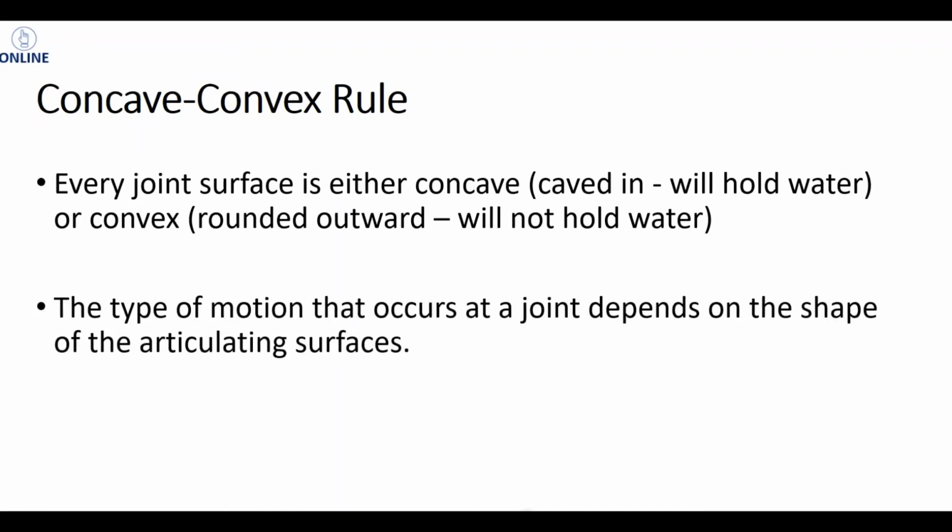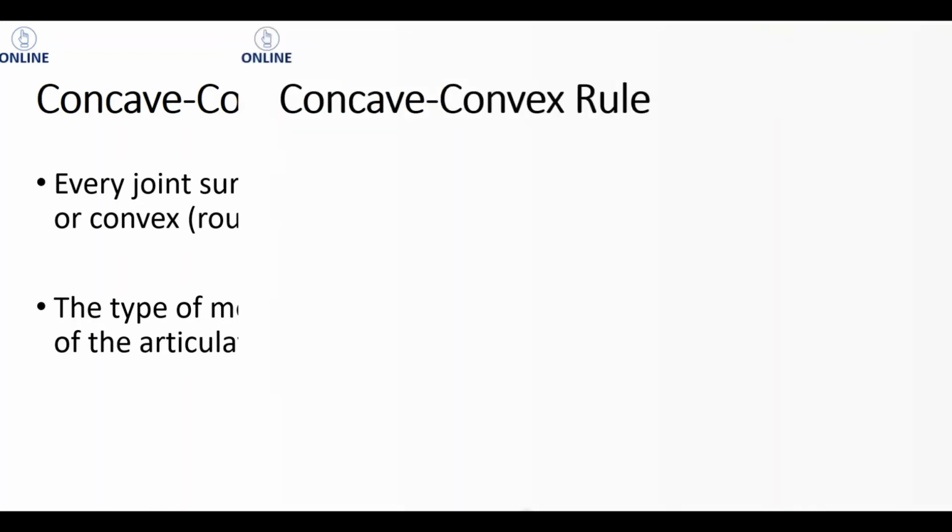There are some surfaces that we know are relatively flat. If you're thinking about more planar joints, like the intercarpal joints or the midfoot joints, there's a lot of really minor concavities or convexities to them, but they're relatively flat in shape. But for most prominent joints, there is either a convexity or a concavity to them.